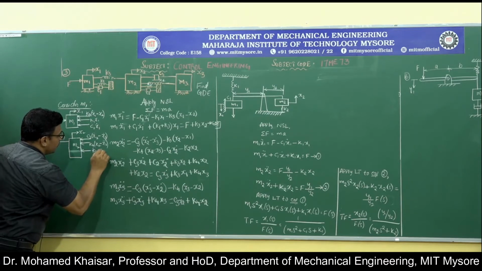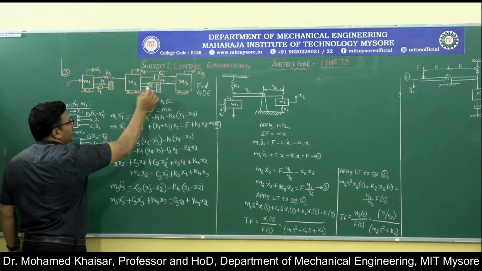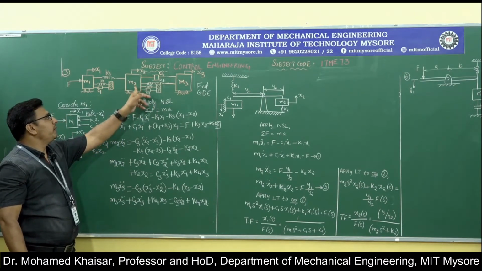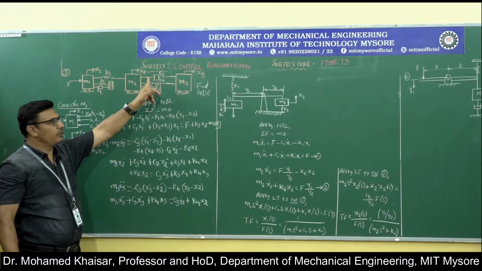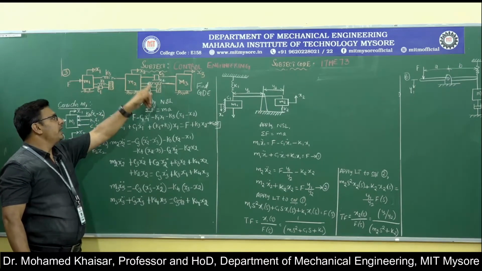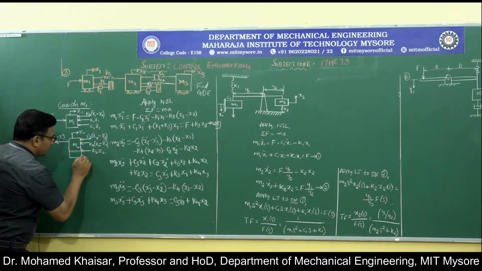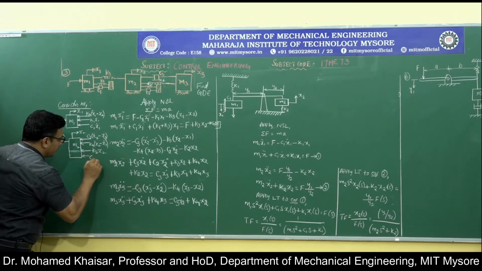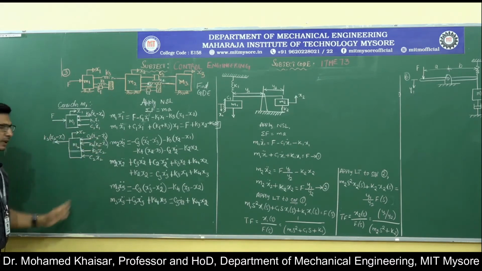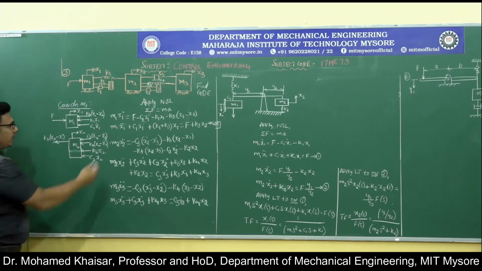Then there is a damper with the damping coefficient C2, which will again resist the movement of mass m2 by a distance x2 by offering a resisting force of C2 into x2 dot, in the direction opposite to that of the displacement. So, C2 into x2 dot.